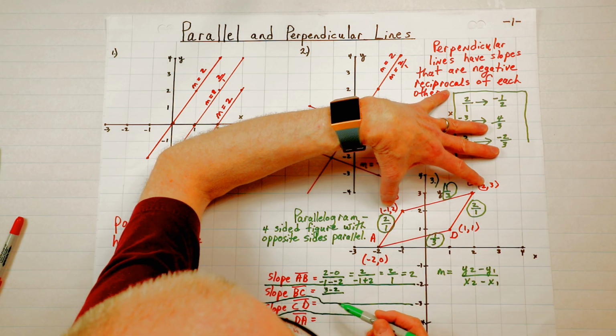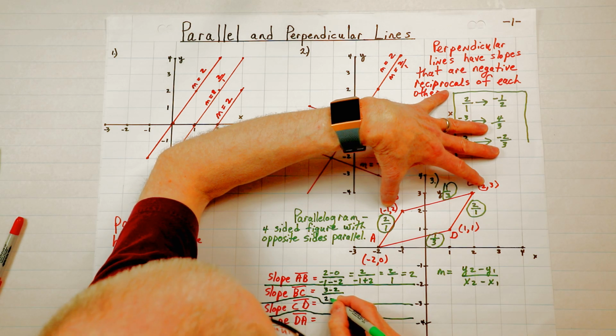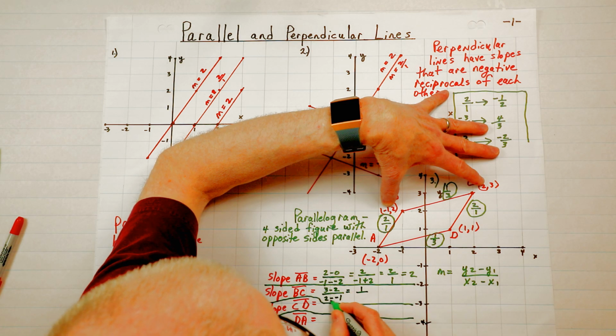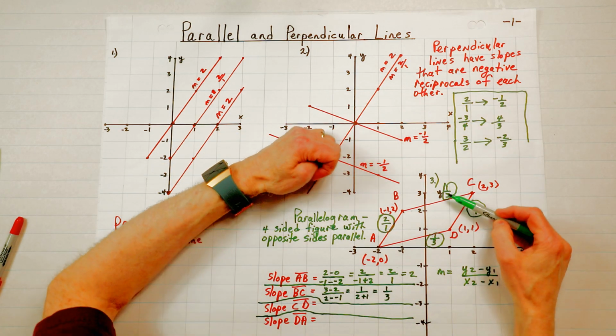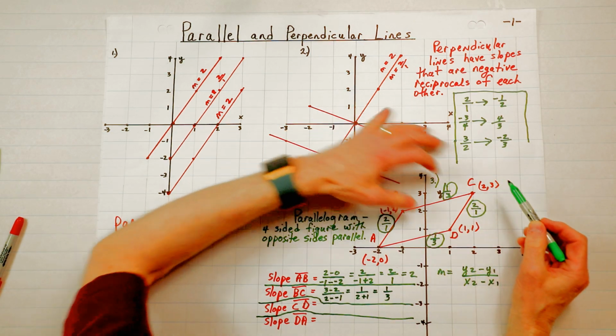And for the denominator, 2 subtract negative 1. Now that gives us 1 over 2 plus 1, which is 1 over 3. And that's what we got when we did it by looking at the diagram and counting spaces.